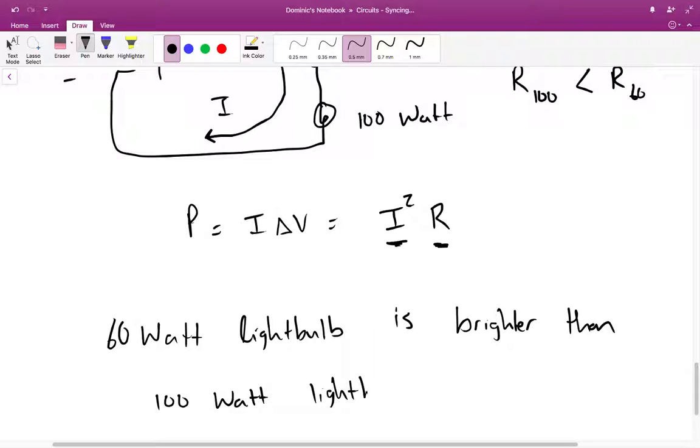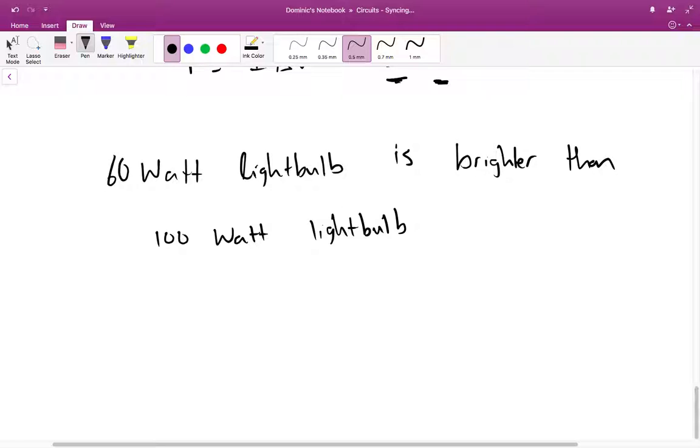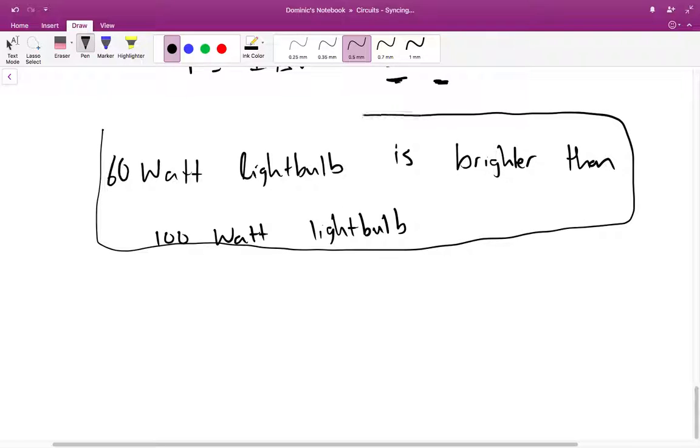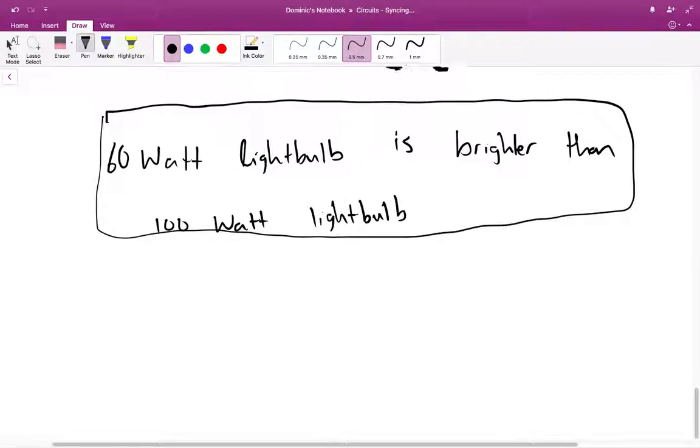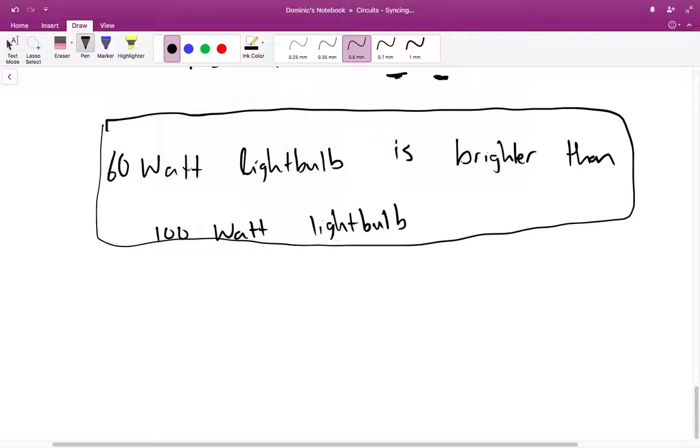That's kind of counterintuitive if you ask me. So what I encourage you to do is ask the same question: which one of those two is brighter? But this time, connect them in parallel.